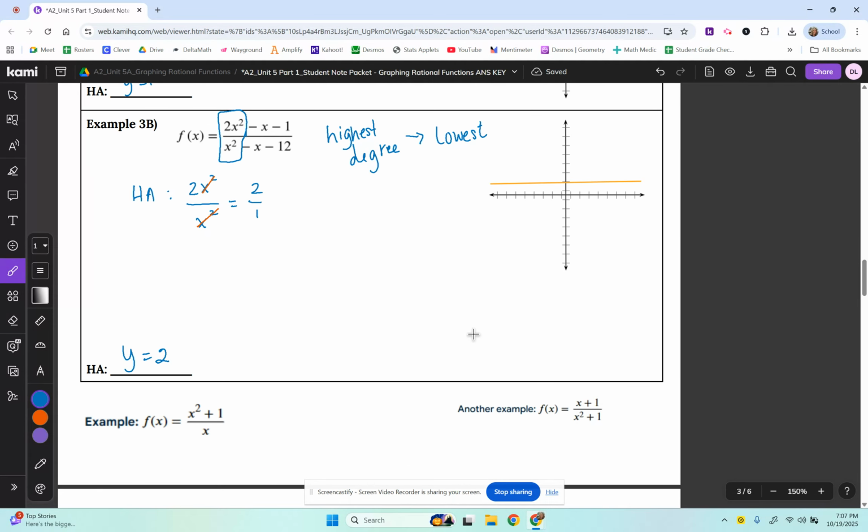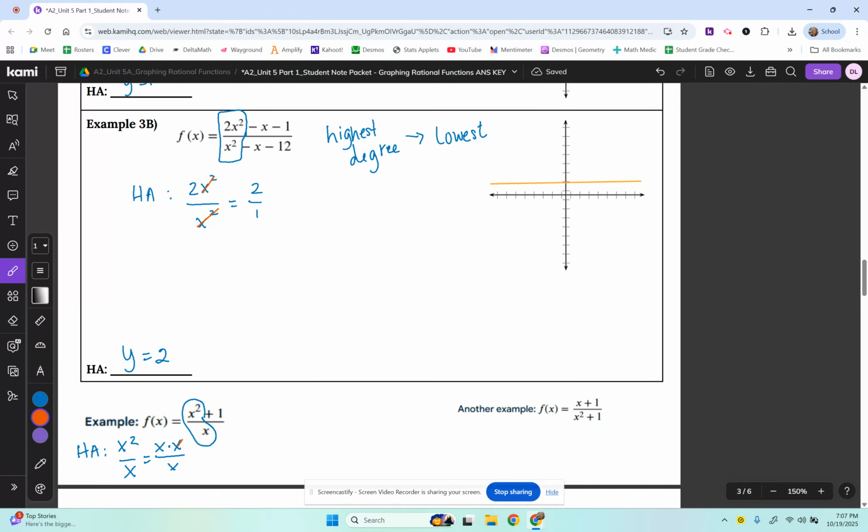If we look at this first example, x squared over x, let me write this out. Remember that x squared is x times x, and then we have an x in the denominator.